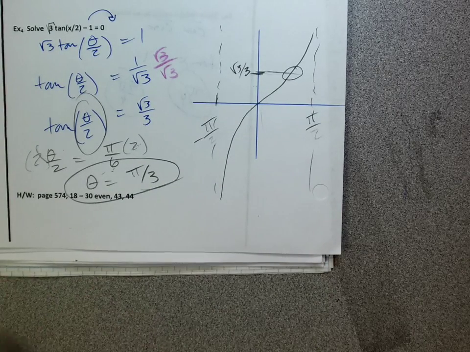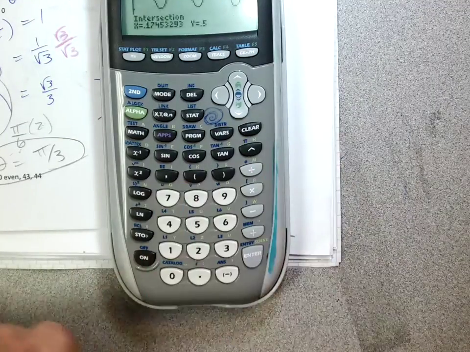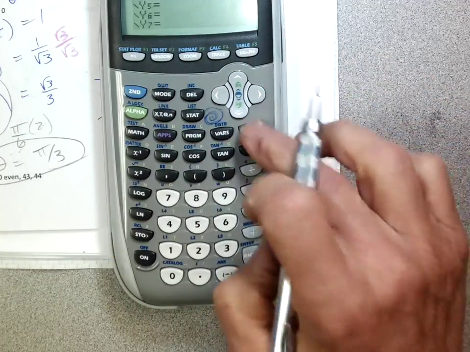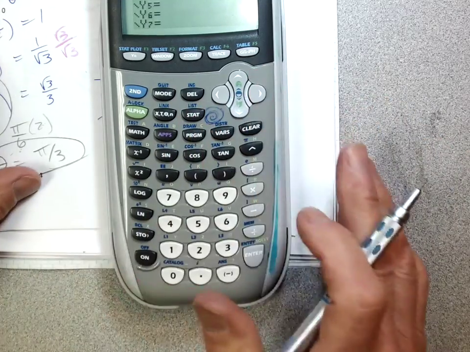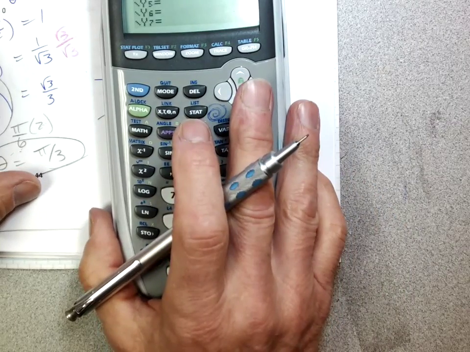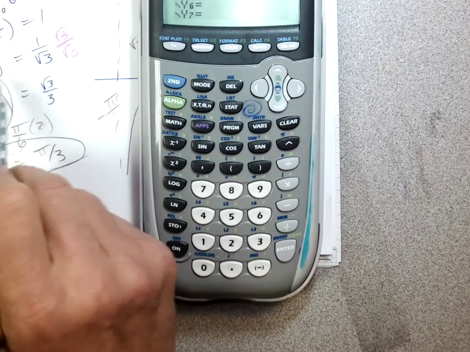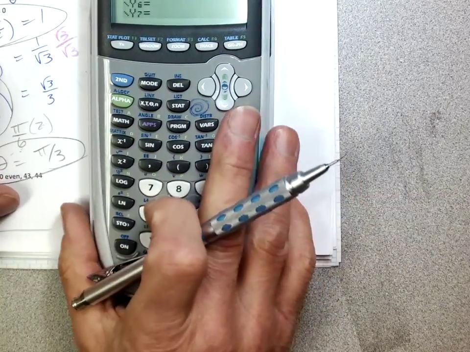So can we do this on the calculator? Maybe. Let's see if we can. Let's check it out. So on y equals, clear. So let's do my original. I'll graph this part right here, so it's equal to 1, okay?